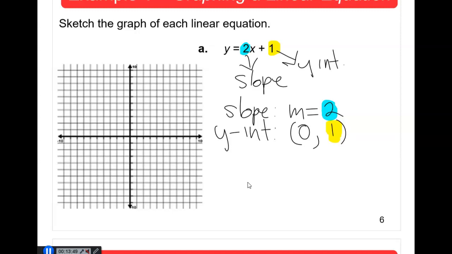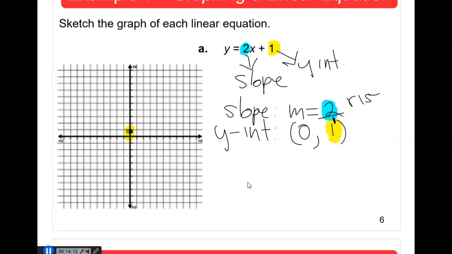So that will be the y-intercept. The first thing I'm going to do is plot the y-intercept, which is right here on the y-axis, coordinates 0, 1. That is the y-intercept. And then based on the definition of the slope, we could also say that it is 2 over 1, because it's an integer, so the denominator is 1.